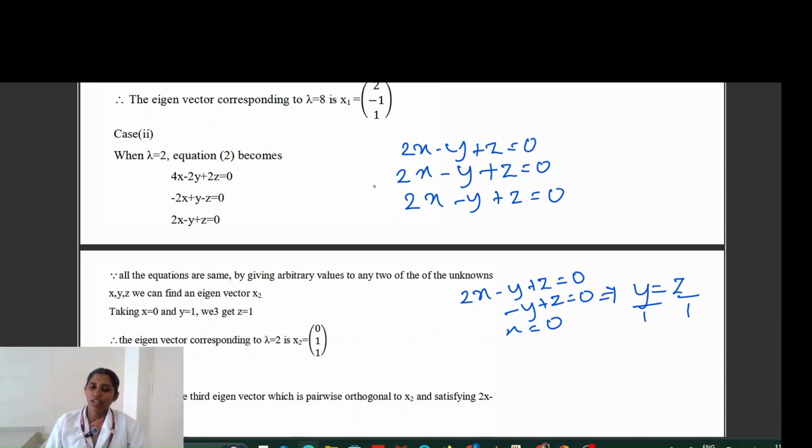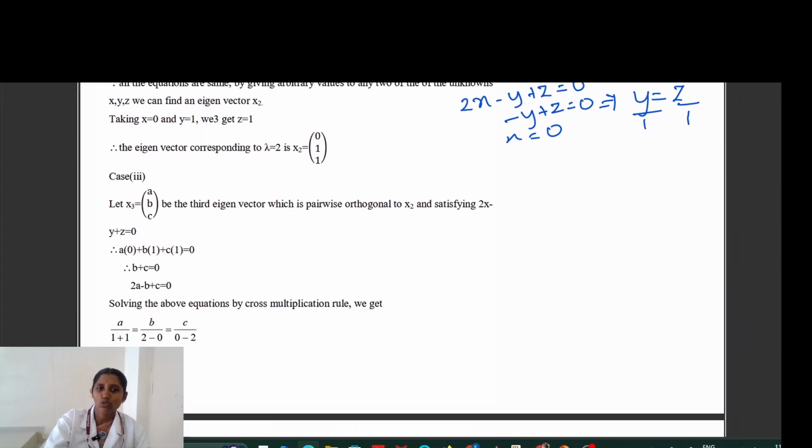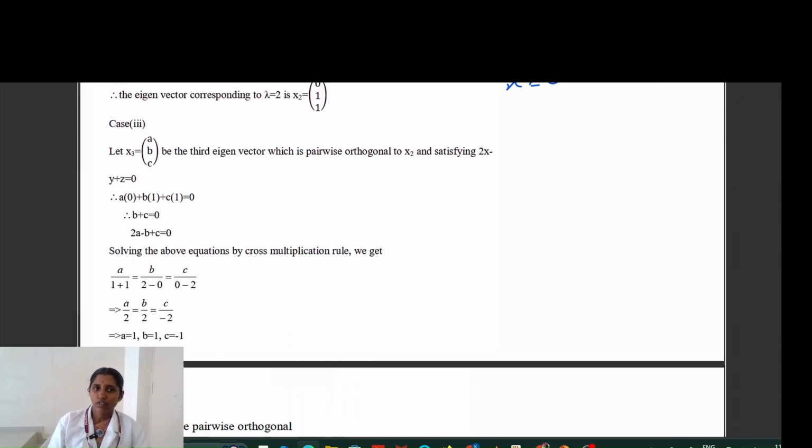Next, we find the eigenvector x3. The next eigenvalue is also 2, that is we got the eigenvalues 2, 2, 8. Here 8 is the only different one, 2, 2 are the same. When substituting lambda equal to 2, we got the three equations the same. So for that, I choose x3 as a, b, c, the third eigenvector.